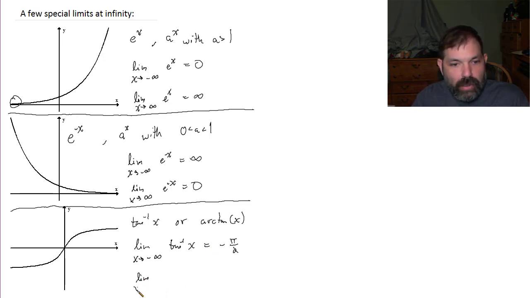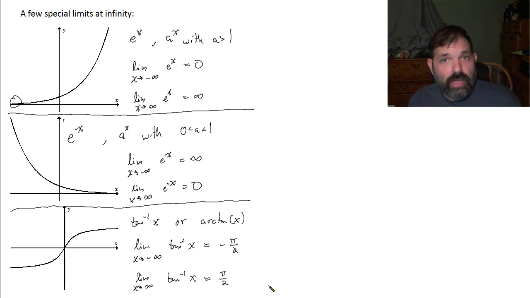And the limit with x approaching infinity of arctangent x is positive pi over 2. So these are just some special limits you need to be aware of that involve infinities, because we tend to use them in certain places.